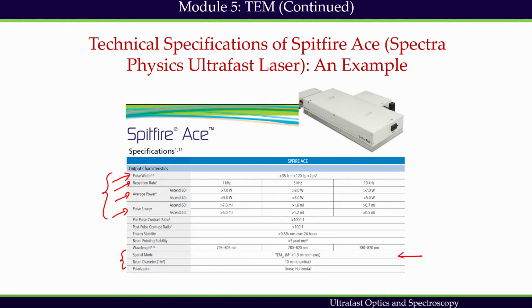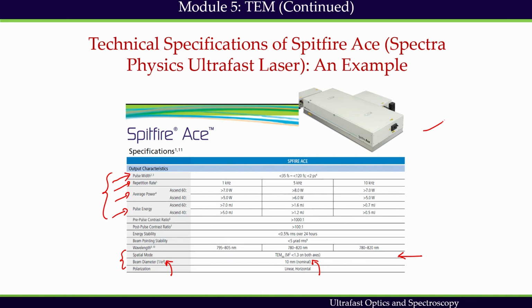One feature suggests what kind of mode quality we have, that is TEM00 mode, which is frequently used in laser systems. But in addition to that, we are defining the beam diameter as 1 by E square. So when we say that the beam diameter is 10 mm, it means that it is the 1 by E square intensity radius we are talking about.